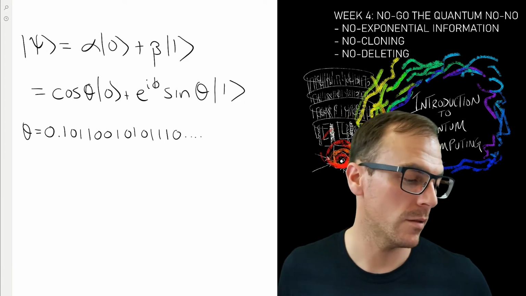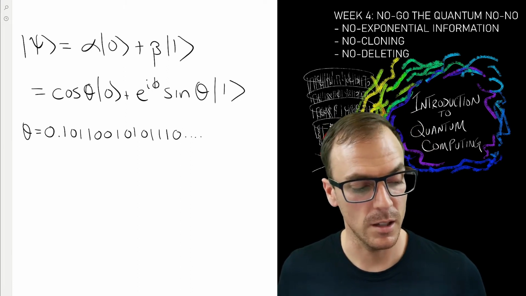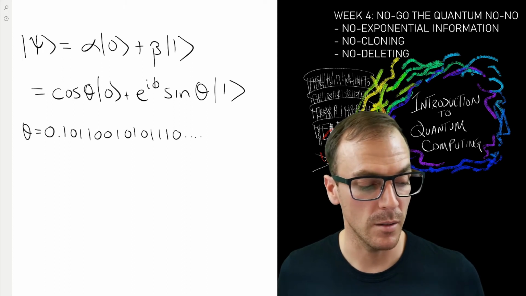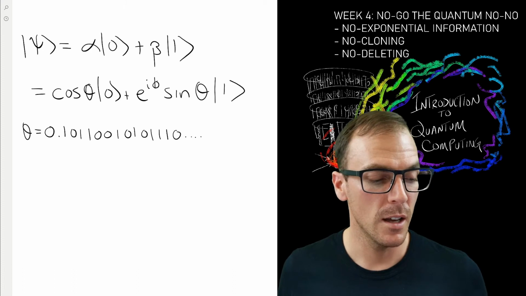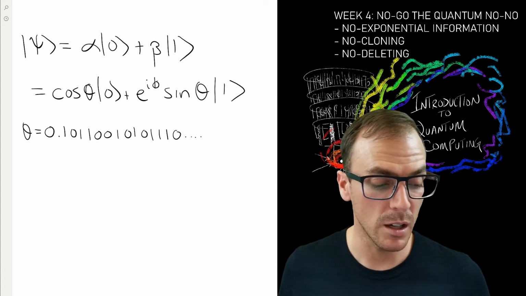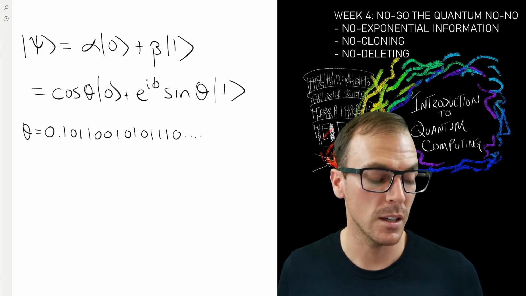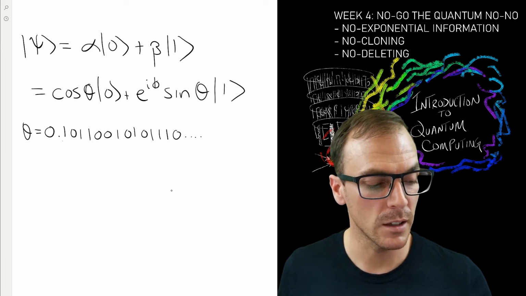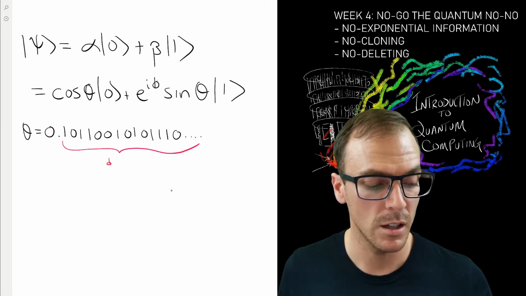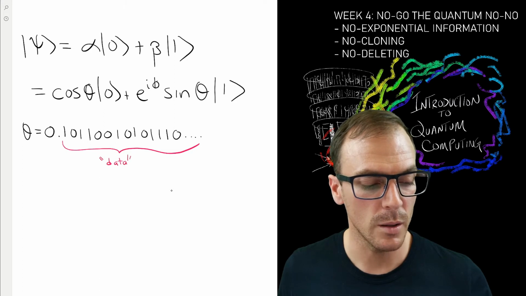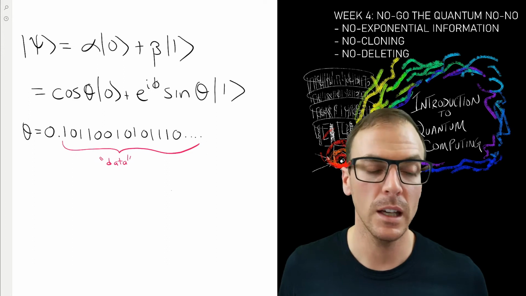And the 70 bytes, so I need 70 times 8 bits in this decimal expansion, but I could do it. I can put an infinite number of decimal places inside of this theta. So it seems like I can encode, in fact, an arbitrary amount of information into a qubit by just putting it as the binary expansion of this angle theta.